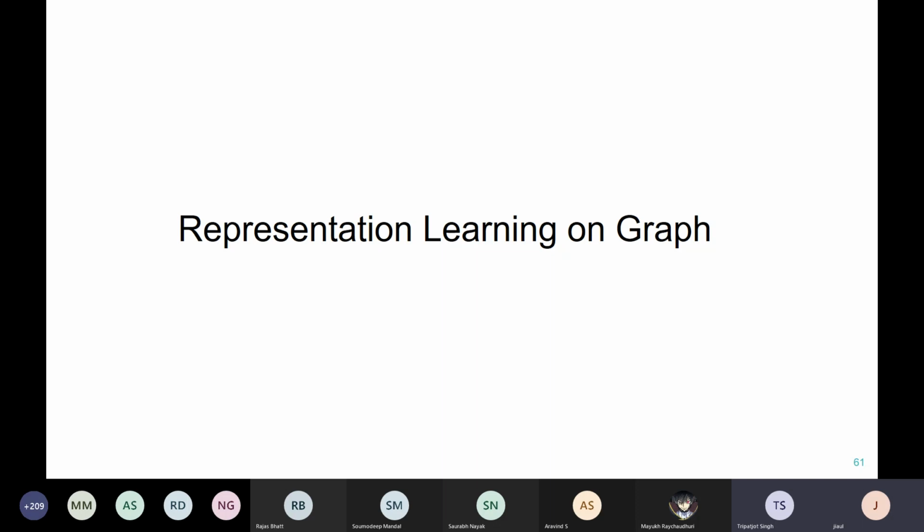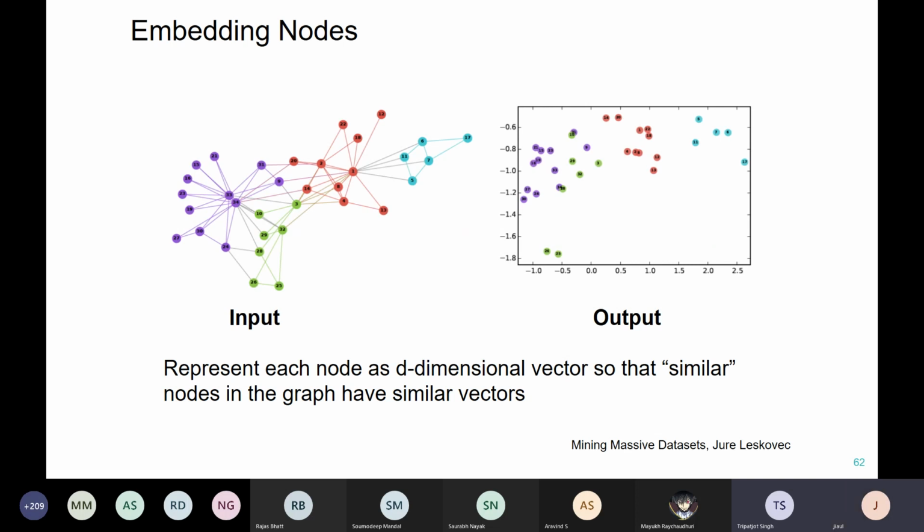Okay, so the main objective is that you have the input graph on the left side, and as an output from this representation learning algorithm, we want to convert this graph into a set of vectors.